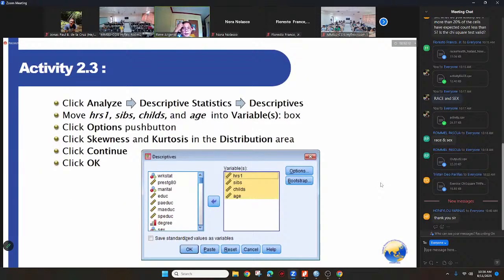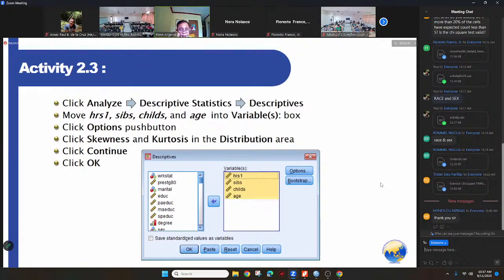So we have here an activity for exploratory analysis and descriptive analysis, just to determine the skewness and kurtosis of the data. You have the variables rs1, sieves, childs, and age.